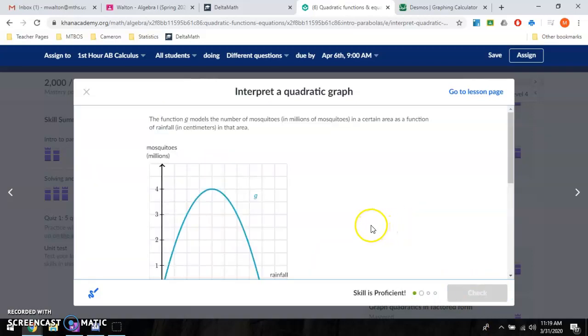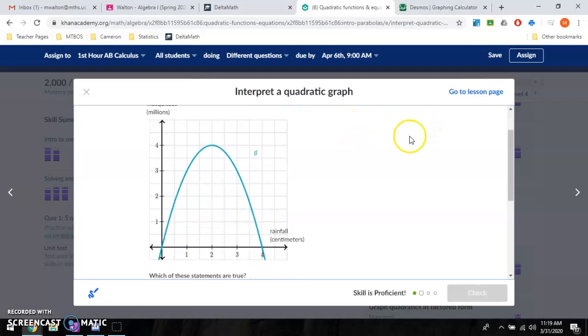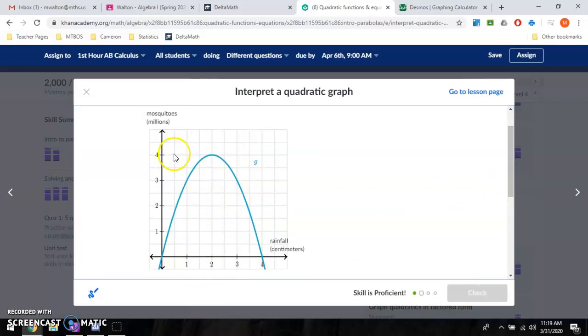Alright, so the function g models the number of mosquitoes, in millions of mosquitoes, in a certain area as a function of rainfall. So I'm going to read this graph before I even look at the statements, just to see what we're dealing with. After it has not rained, it looks like there are no mosquitoes.